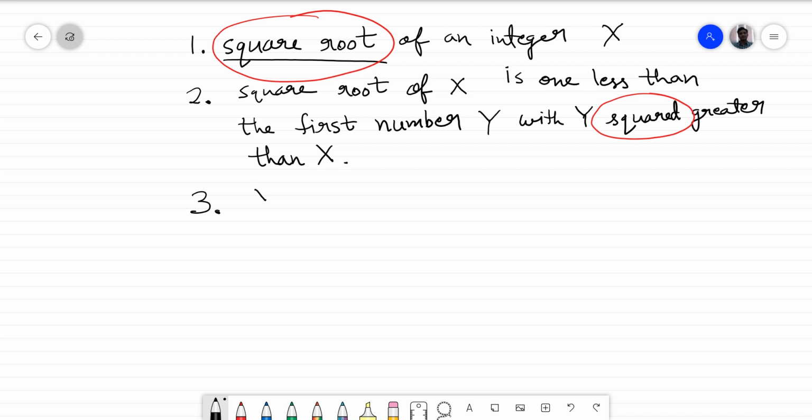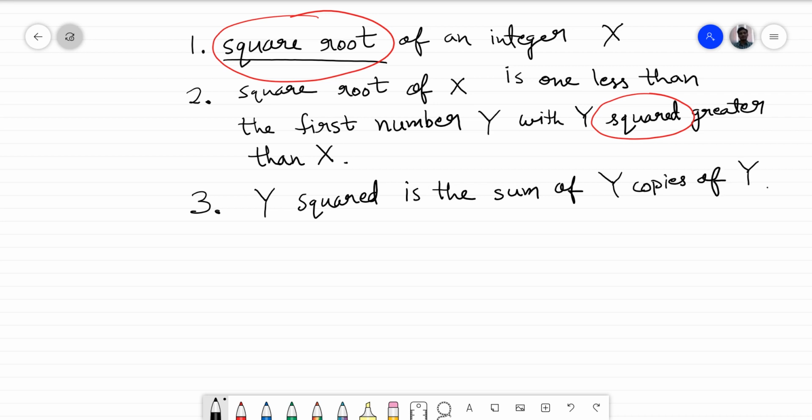We'll say y squared is the sum of y copies of y.